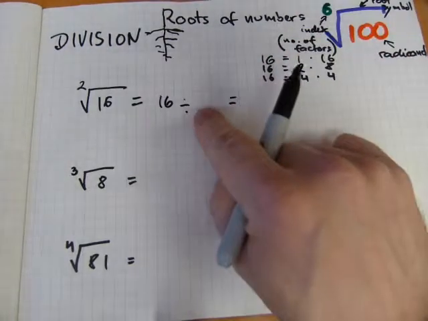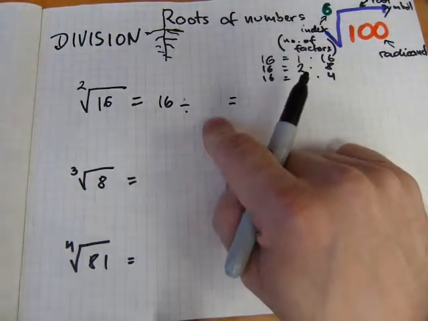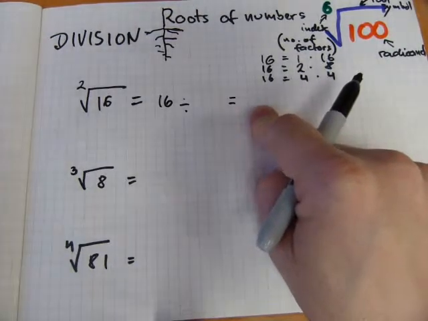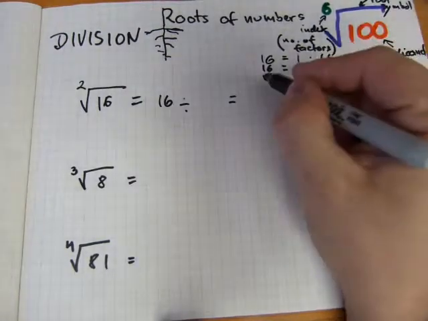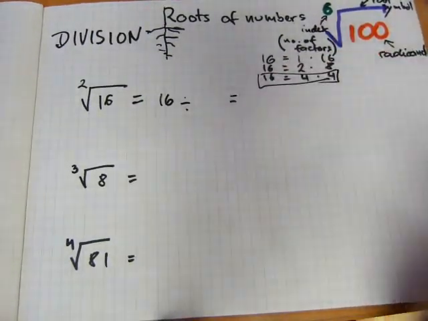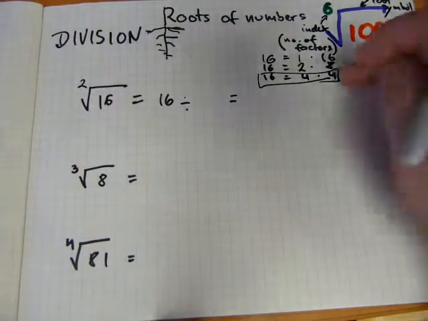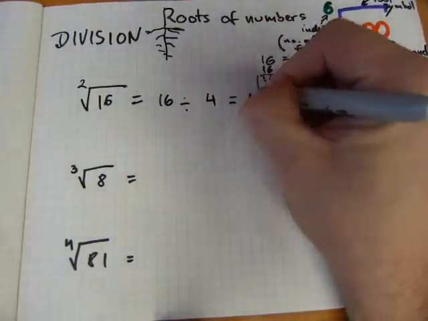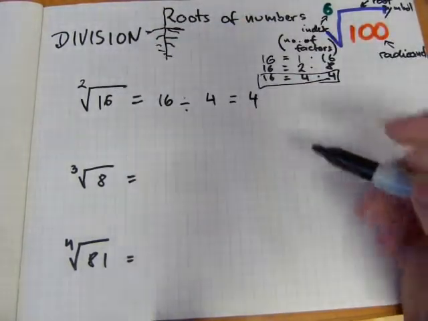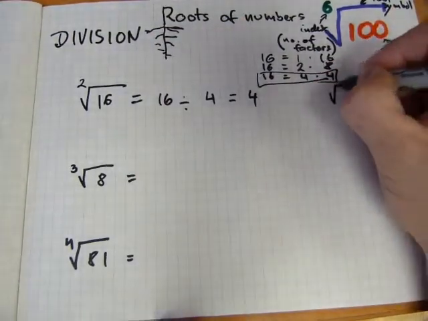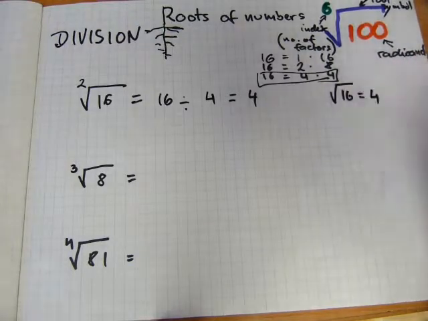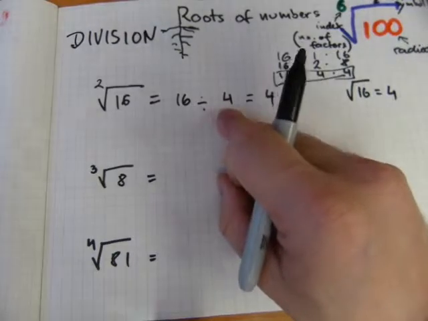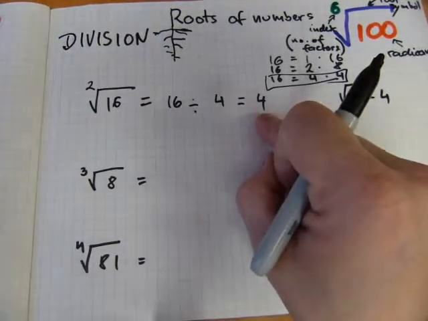So when it's divided, this divisor is the same number as the quotient. And this is why we listed these factors: in the case of 16, there's one situation there. 16 is 4 by 4, so the square root of 16 is 4, meaning that 16 can be divided by 4 to get 4.